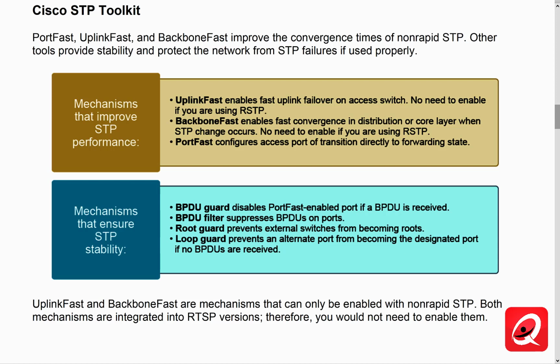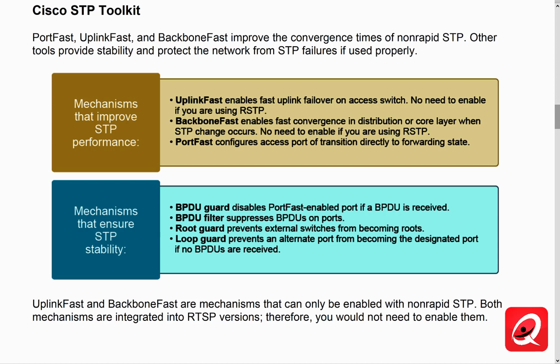Be very careful, of course, because essentially BPDU Filter means that you're not running spanning tree on that interface. And obviously, if a loop occurs, it could definitely cause an issue. Okay.